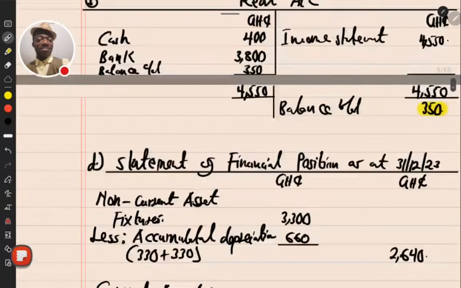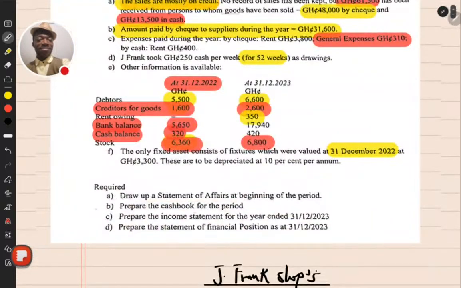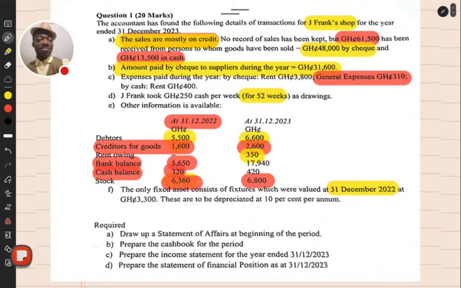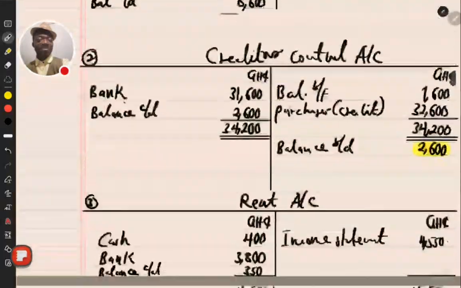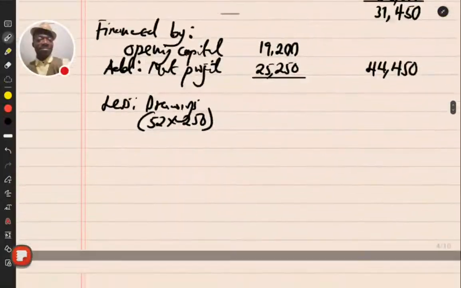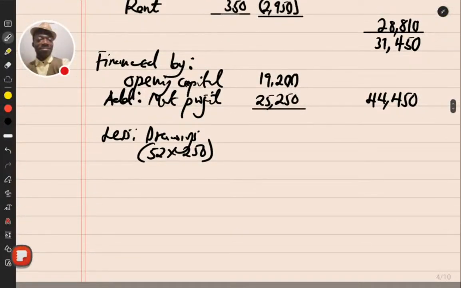If you can remember, we're told that Frank made the drawings for the year as 250 for every week. And that's the total, 250 by 52 weeks. Since we have 52 weeks in a year. So that's going to give us a drawings figure of 13,000.